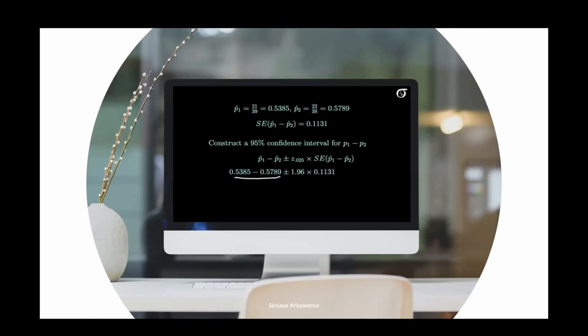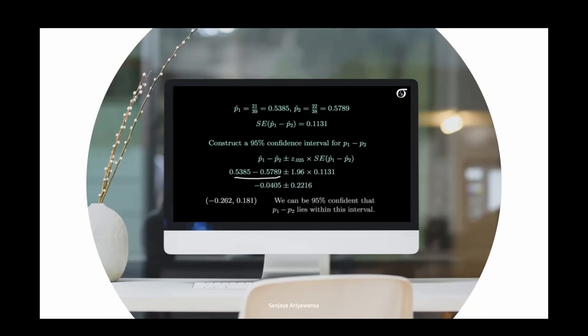For the margin of error, we know from our past work that the appropriate z value for a 95% confidence interval is 1.96, and we just calculated the standard error to be 0.1131. The difference in the sample proportions is minus 0.0405, and the 95% margin of error is 0.2216. If we carry out the addition and subtraction, we get the 95% confidence interval of minus 0.262 to 0.181.